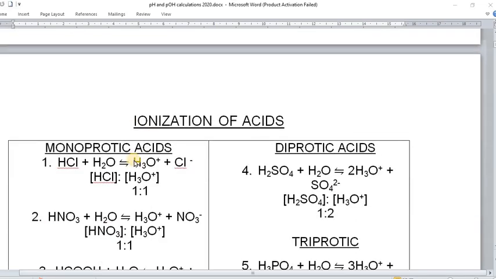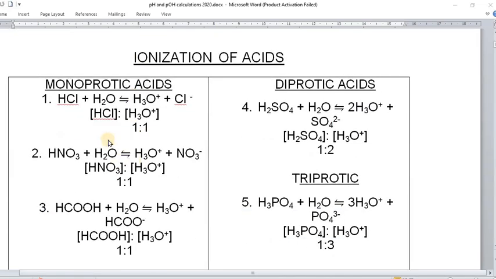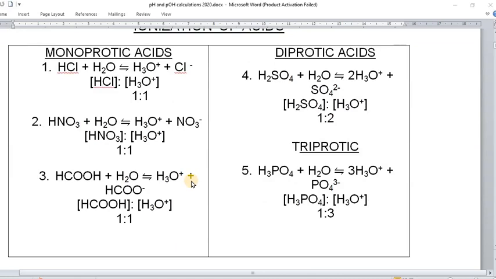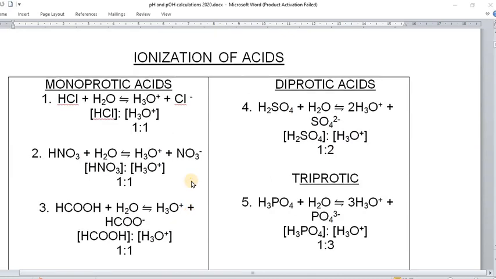Okay. Now, another important thing that we must understand, one of the common principles you'll be using in this area, is the ionization of the acids that you'll be dealing with. For instance, if I'm dealing with hydrochloric acid, what is the proportion of the hydrochloric acid to the hydronium ion?